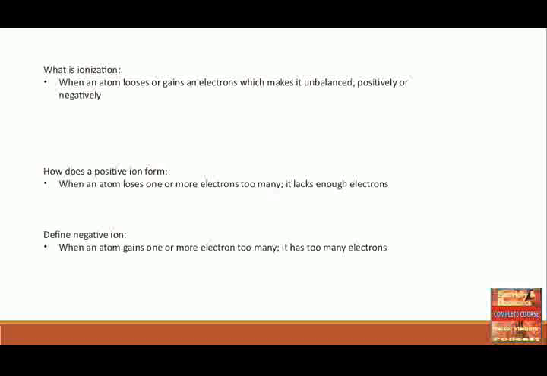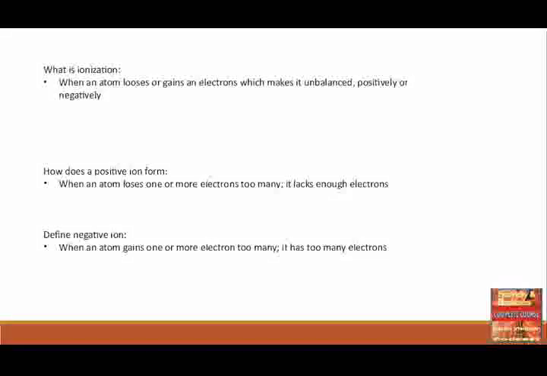What is ionization? When an atom loses or gains an electron, which makes it unbalanced, positively or negatively. How does a positive ion form? When an atom loses one or more electrons. It lacks enough electrons. Define negative ion.